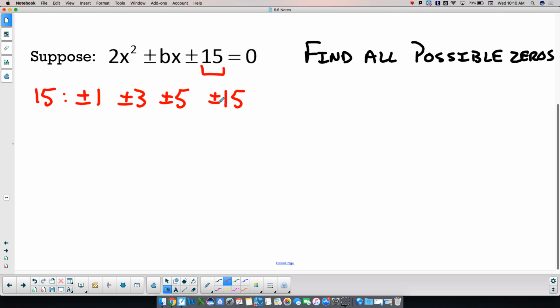Then I look at my leading coefficient, my very first number, and I say, well, self, what are the factors of 2?